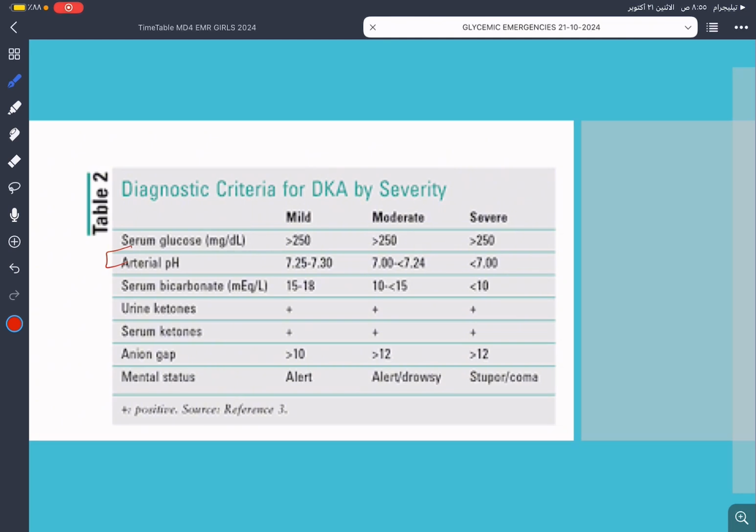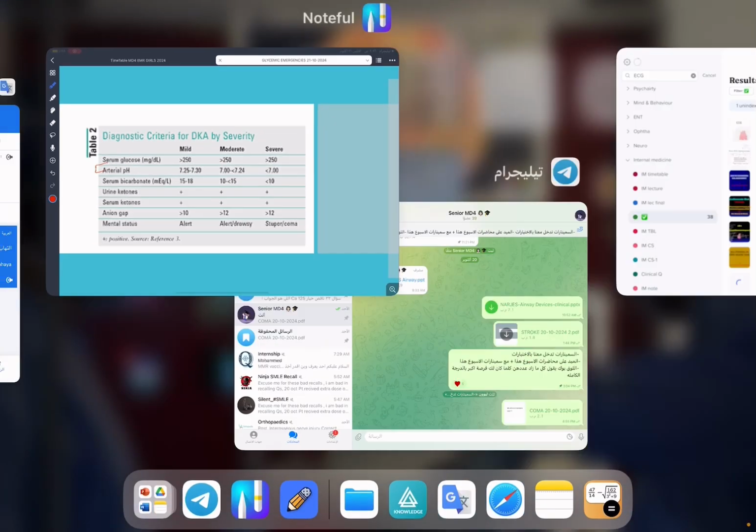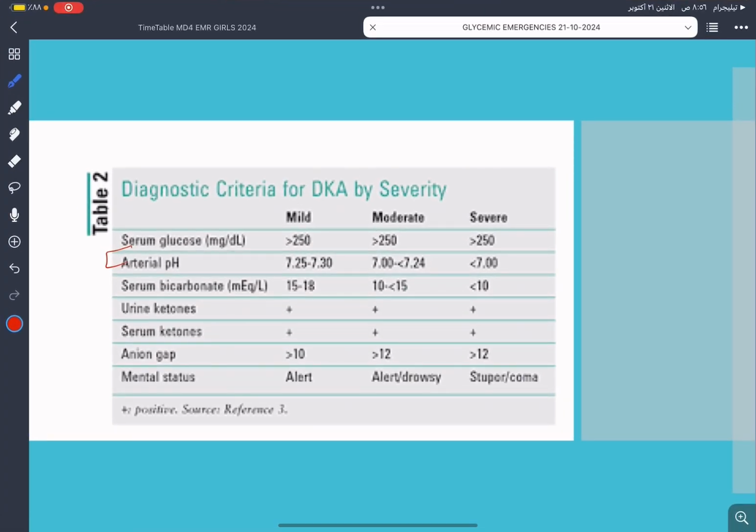Anion gap or non anion gap; we call it anion gap metabolic acidosis or normal anion gap metabolic acidosis. How do we calculate the anion gap? Sodium, chloride, bicarbonate. As a general rule, sodium minus chloride minus bicarbonate, you will get the anion gap. Is that clear?